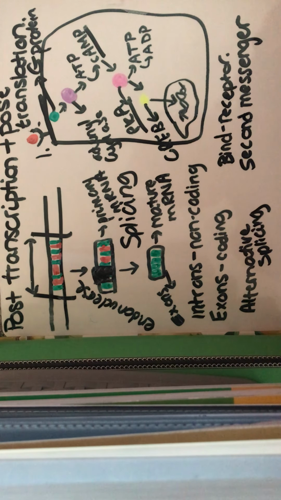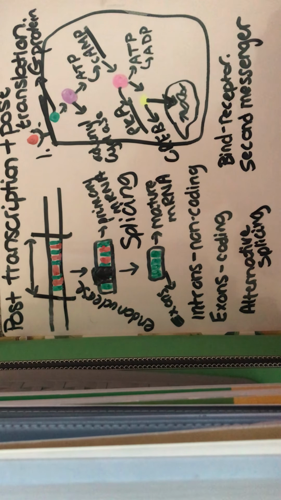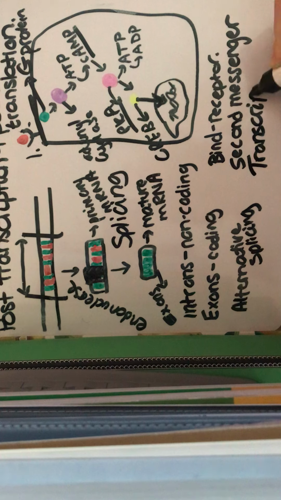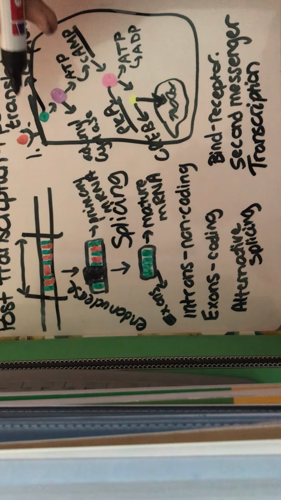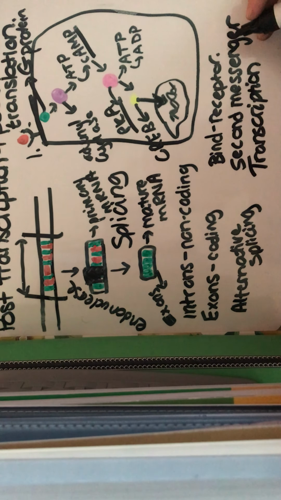And then this enters the nucleus, as we can see here, and acts as a transcription factor. So as you can see, there's a cascade of reactions. So unless it was quite a lengthy mark answer, I don't think you need to go into every single one. Transcription factor.